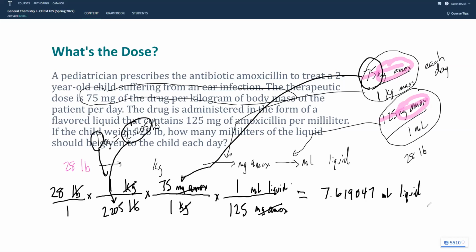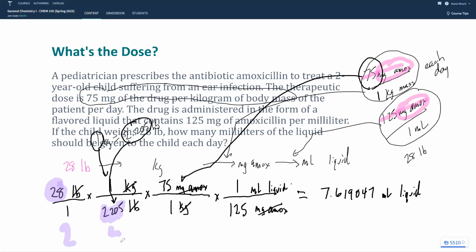Now we have to keep in mind our rules for significant figures here. And so how many significant figures are going to be in this answer? Well, again, remembering our rules for significant figures from the post lecture, it comes down to how many were in the measurements. So I had 2 sig figs in this conversion.